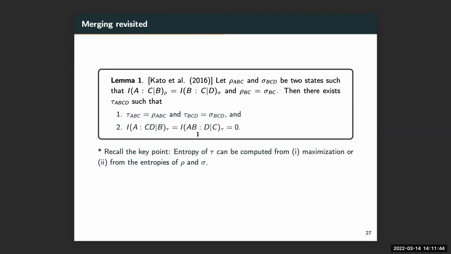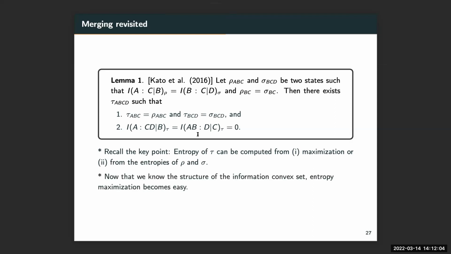I told you that the key point was that given these two quantum Markov chains, you can merge them together to form another Markov chain. And we could compute the maximum entropy by either maximizing the entropy directly or decomposing the global entropy into local entropy, so to speak.